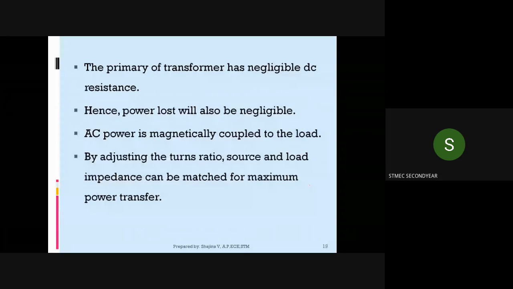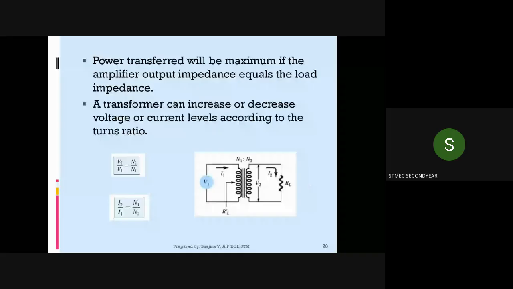Now let us see the relation for this impedance matching. Power transfer will be maximum if the amplifier output impedance equals the load impedance.